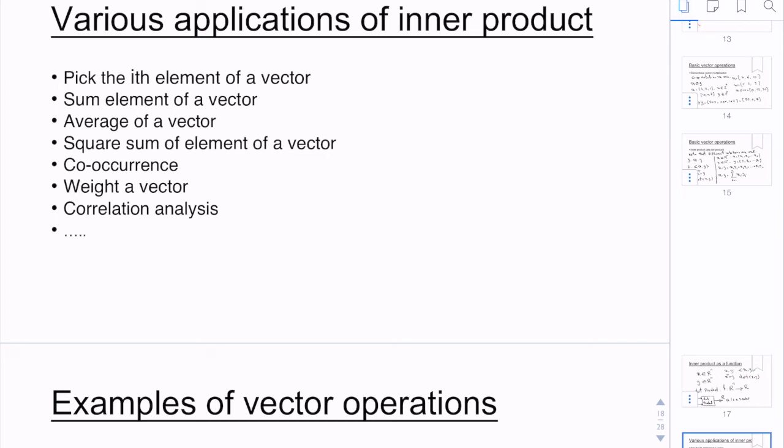One of the applications of the inner product is to pick one element of a vector, right? How do you think we can, using the inner product, pick the ith element of a vector? There are two reasons why I'm bothering to talk about this.